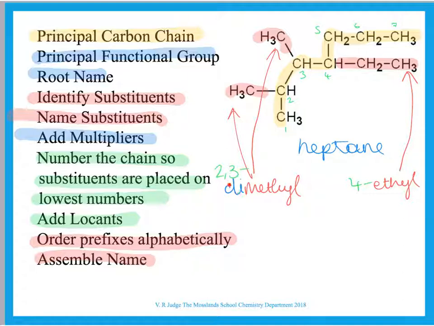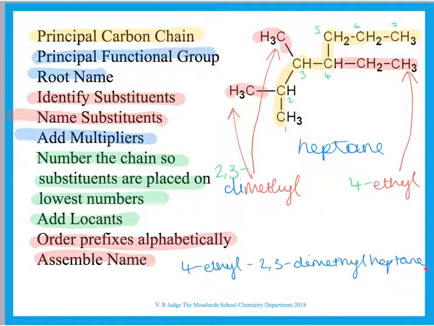So this bit doesn't matter when you do an alphabetical order. You ignore that. And this substituent you consider to start with M for methyl, and this one starts with E. So obviously E comes first alphabetically, so this is going to be listed first, followed by this, and then the root name. So you end up with the name 4-ethyl-2,3-dimethylheptane.